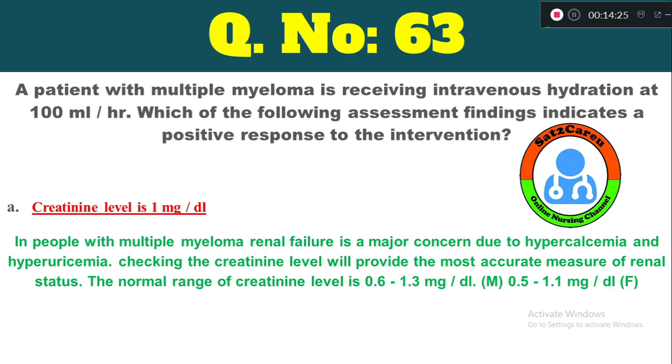Checking the creatinine level will provide the most accurate measure of renal status. The normal range of creatinine level is 0.6 to 1.3 milligram per deciliter in males, and in females it is 0.5 to 1.1 milligram per deciliter.